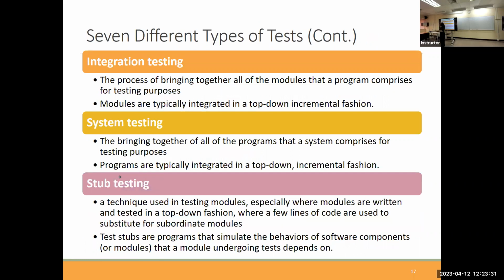Then we could have integration testing. You combine several units, modules or functions, to work together and make sure it still works. So that is integration testing. System testing is for the whole system, after we have many things, all the components connecting and working together. That is system testing. Stub testing is when you test a particular module that calls another module that is not fully written.